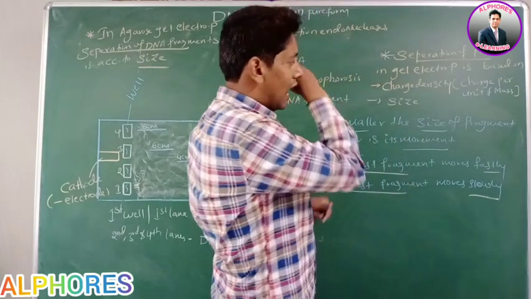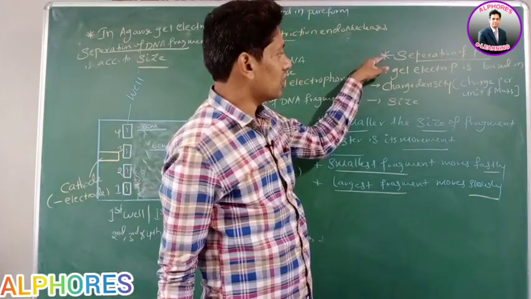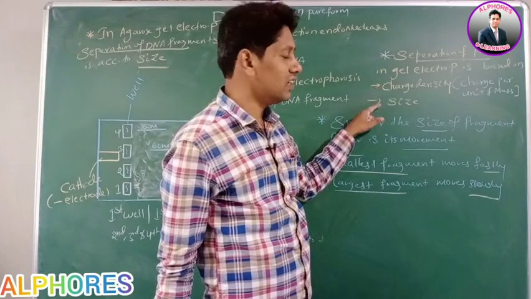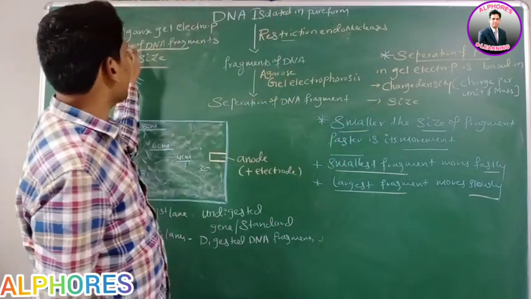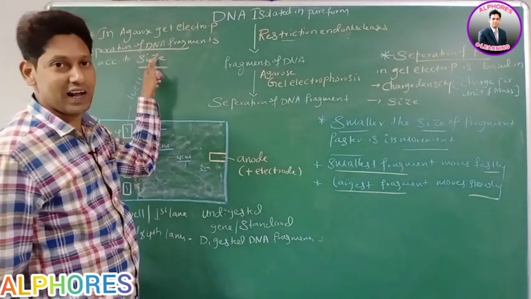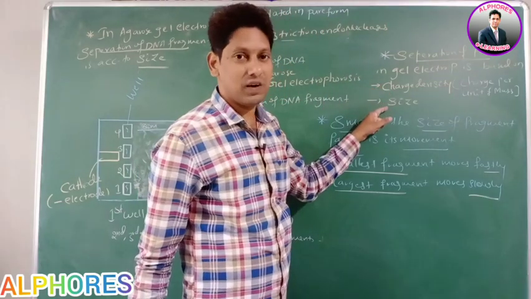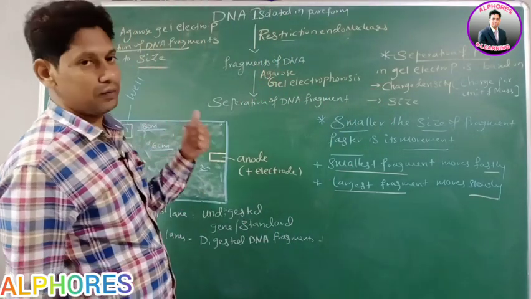What is the meaning of charge density? Charge per unit mass. Therefore, separation of proteins is based on charge density and size, whereas separation of DNA fragments is based on size only. Are these statements okay?